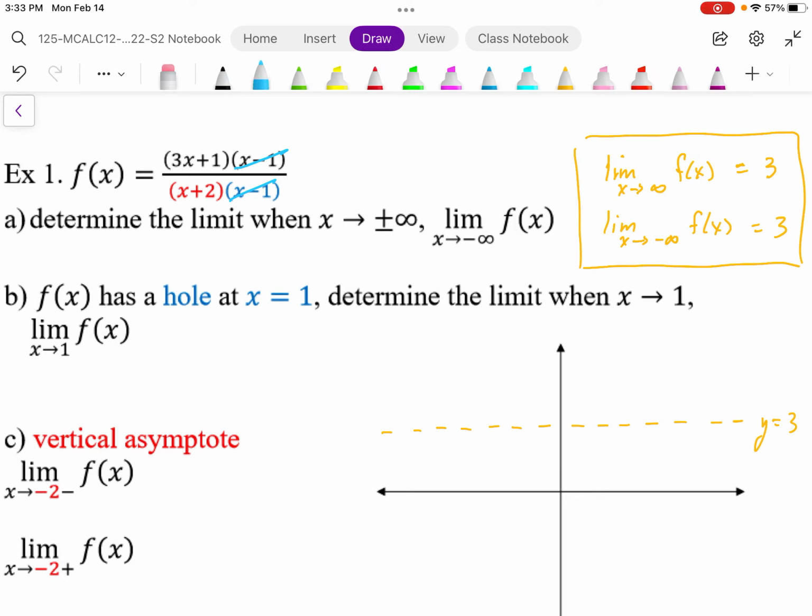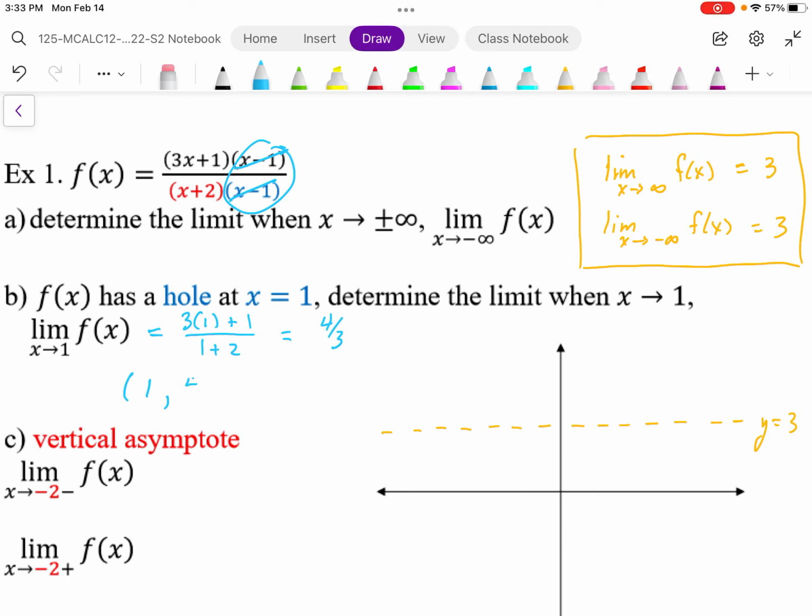So the limit as x approaches 1, we're going to end up with 3 times 1 plus 1 in the numerator. We're going to end up with 1 plus 2 in the denominator. This part canceled out, so we can evaluate this limit, and we end up with 4 over 3. And so what we can conclude from this is the hole is going to be at x equals 1.